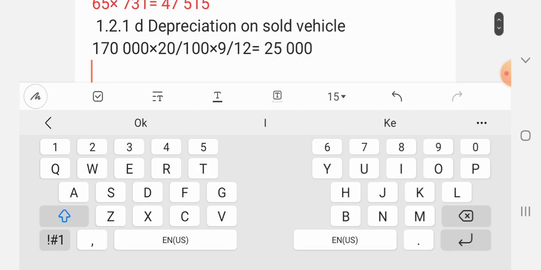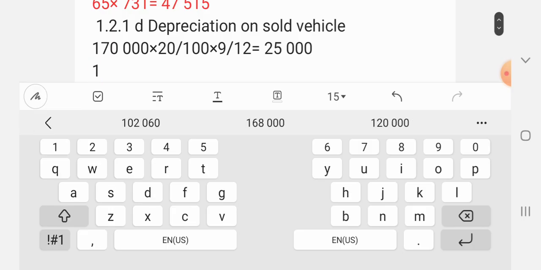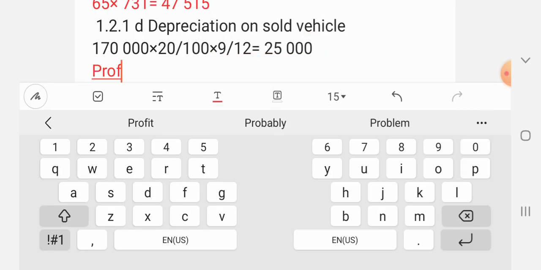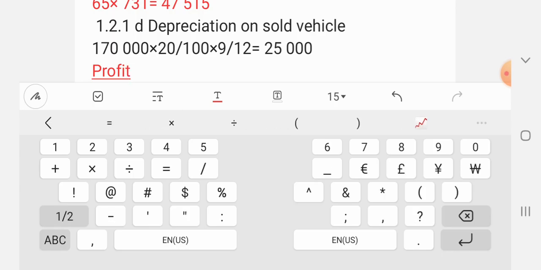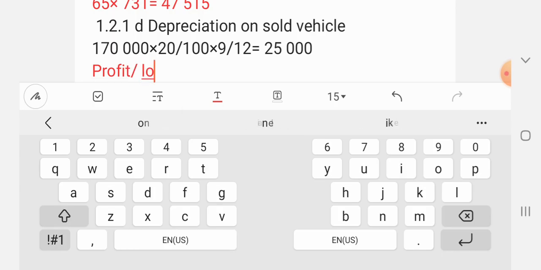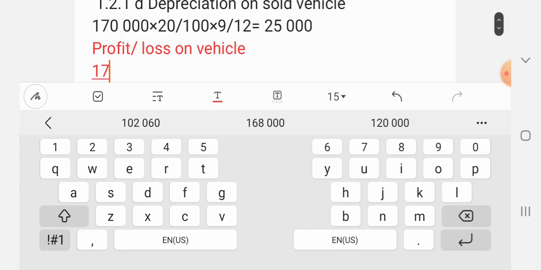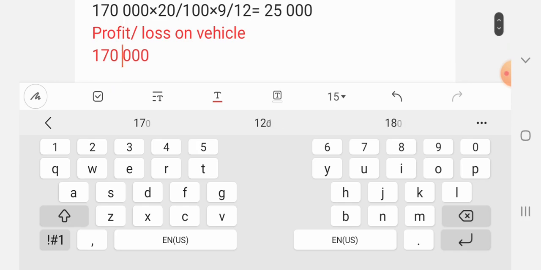So we will take the loss or profit. This will be the profit or loss on the vehicle. We will have 170,000 rand.